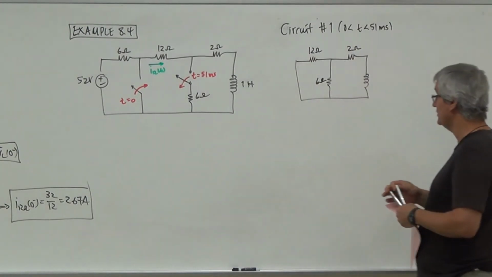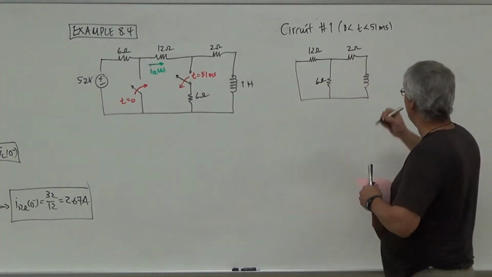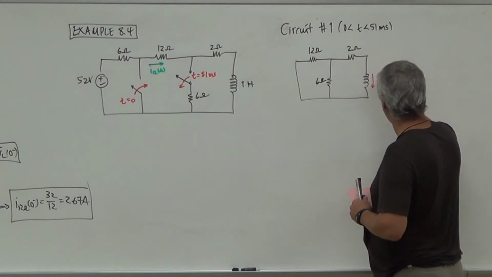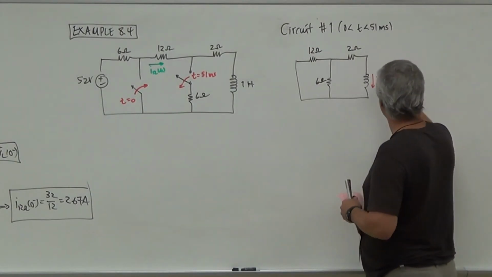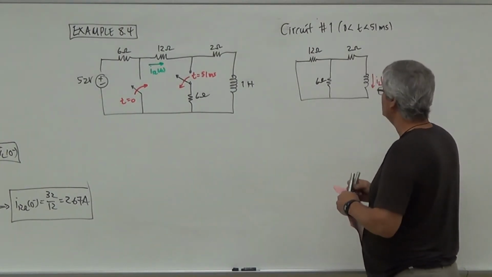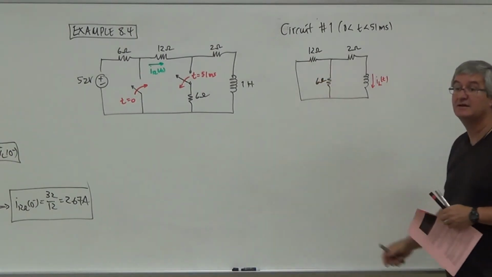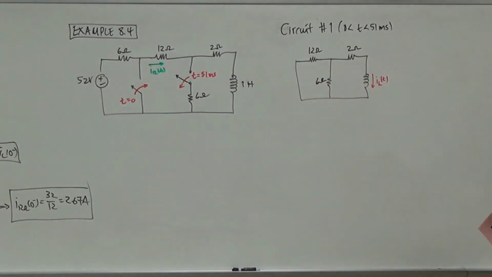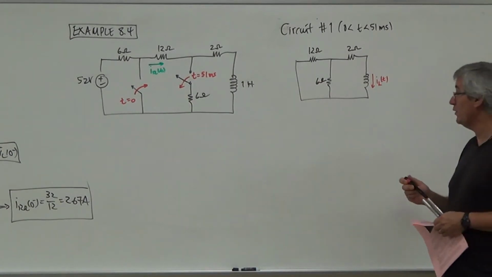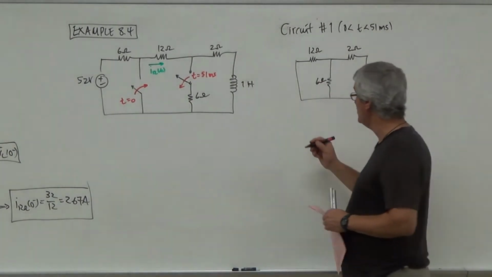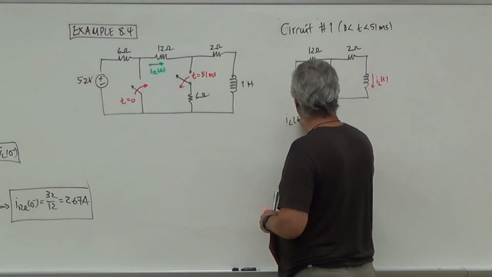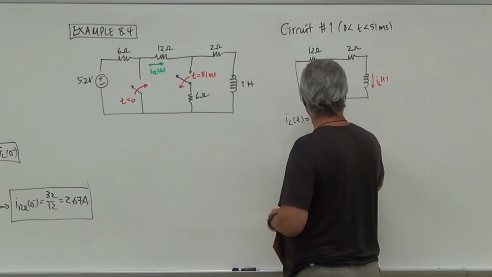So what we do know here is that if I look at this guy here, IL, that's what we're looking at, but we're really looking for that guy at the end. Let's go calculate the current of the inductor. So what do I know about the current of the inductor? We know that the current of the inductor must look like this.